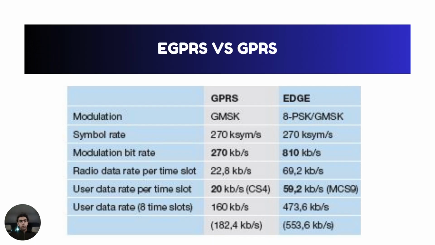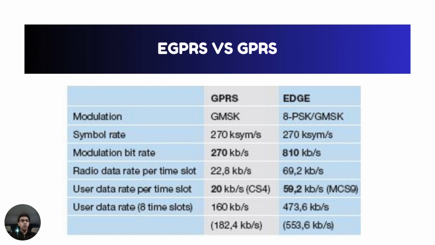The comparison between the enhanced GPRS system versus the normal GPRS system, as we can see, is a technical comparison of both technologies. We can see significant changes in bit rates, while Edge utilizes 8PSK for its modulation.